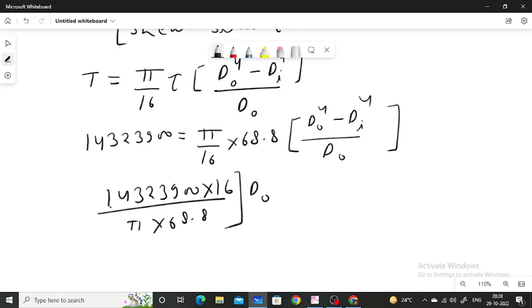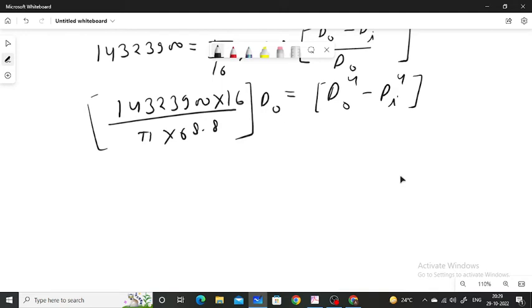Outer diameter is equal to D outer to the power 4 minus D inner to the power 4. Okay. It will be equal to 1060334.6, outer diameter, which is D outer to the power 4 minus D inner to the power 4.